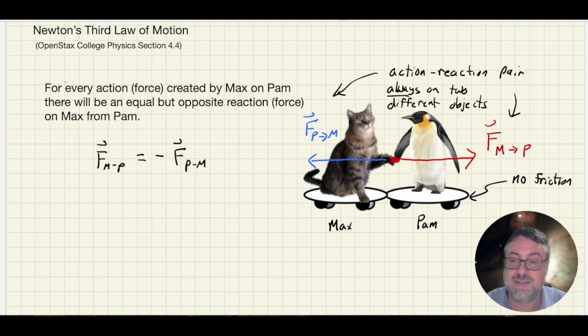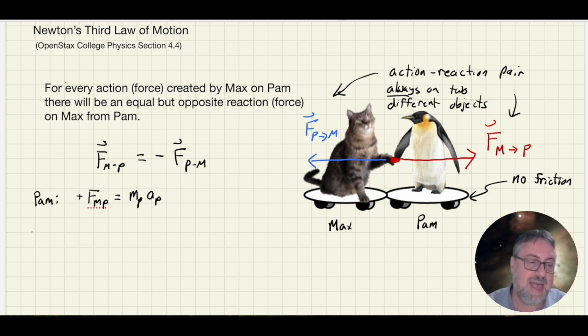That means if we consider the motion of Pam, well, that force that Max created is going to accelerate Pam. And I will have a positive force on Pam, and that is going to be equal to Pam's mass times Pam's acceleration.